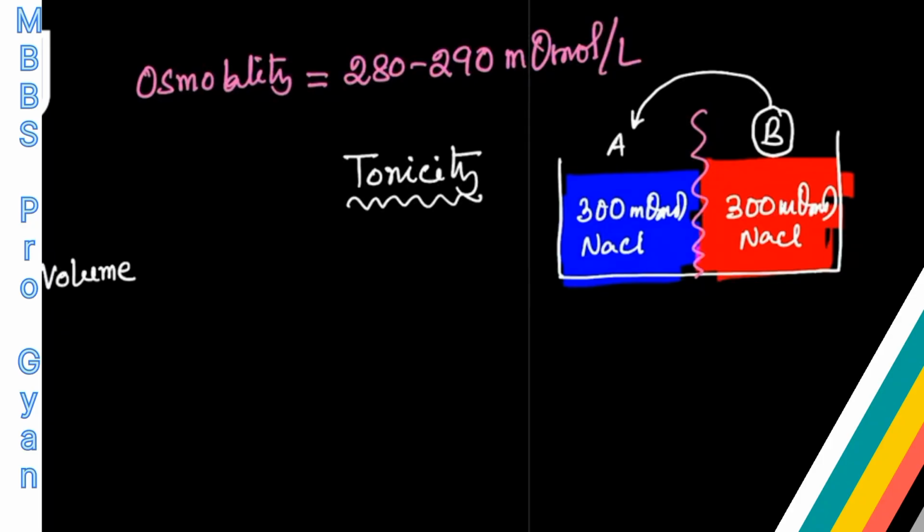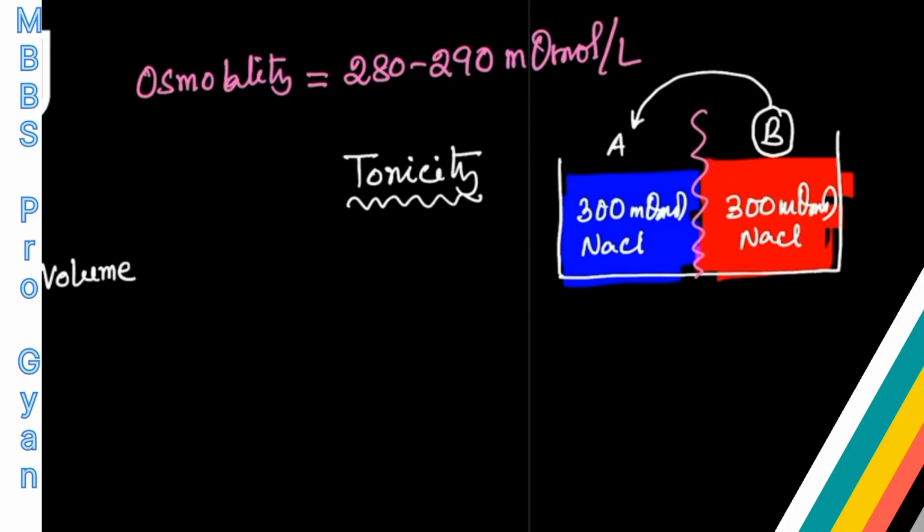So tonicity means you are comparing two solutions when they are separated by a semi-permeable membrane. The effective osmolality of one solution in comparison to the effective osmolality of the other solution is known as the tonicity.